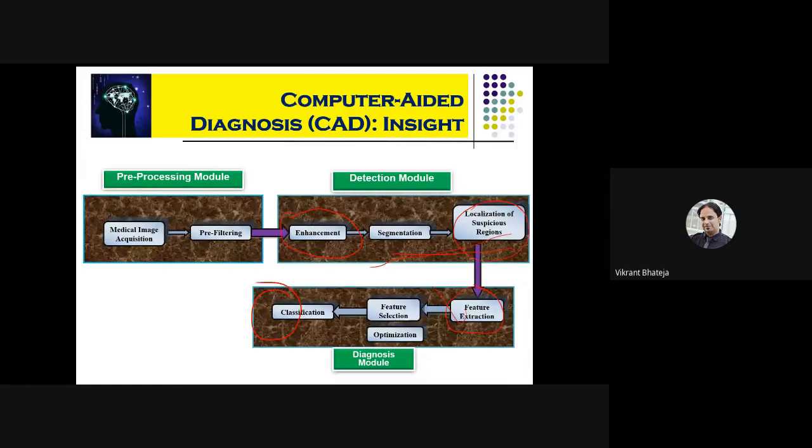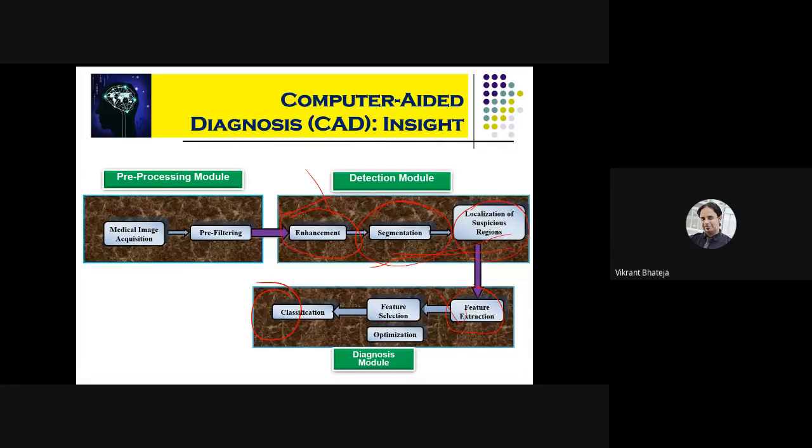So definitely one probable area of very dedicated research could be that you focus on the detection module, or the problem can be selected by developing a new kind of enhancement filter or enhancement module, or a new kind of segmentation module, so that the entire detection process can be made to give more promising results.